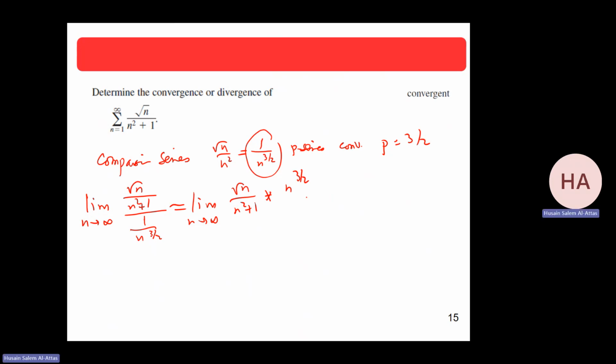So I have the limit of n squared plus 1 over n squared plus 1, which is 1, positive and finite. And this series converges, so my series will converge.